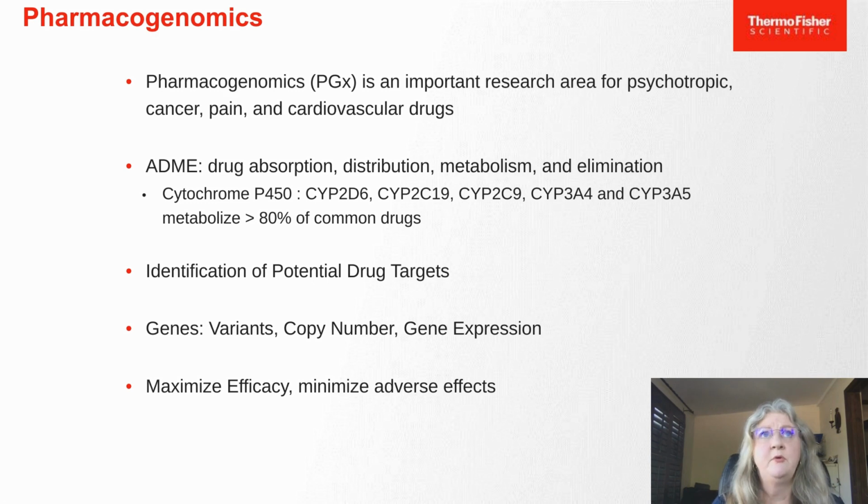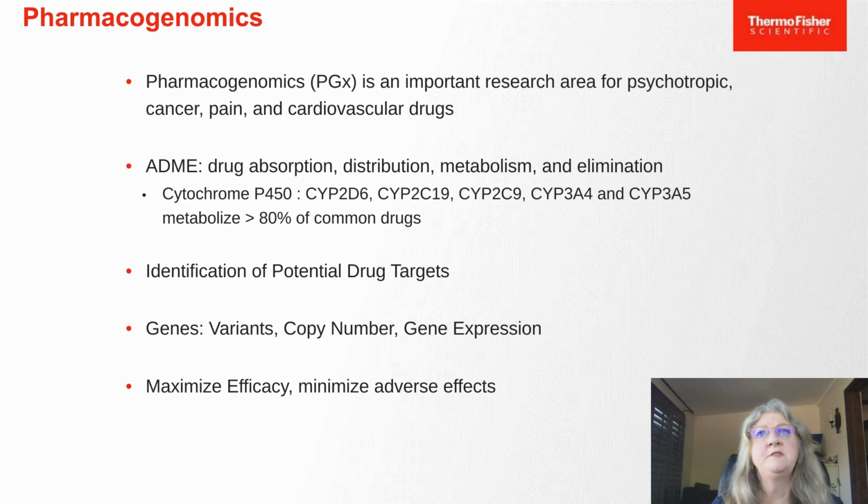The most important family of genes involved in these processes are genes involved in the cytochrome P450 pathway, including CYP2D6, CYP2C19, CYP2C9, and others. These genes metabolize more than 80% of common drugs.